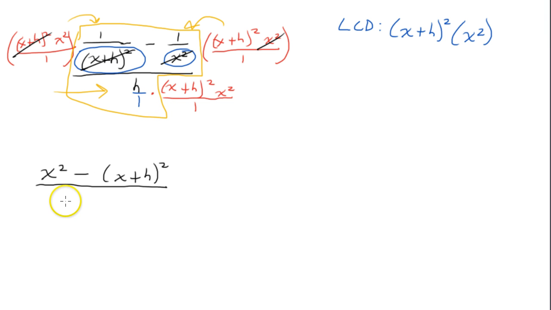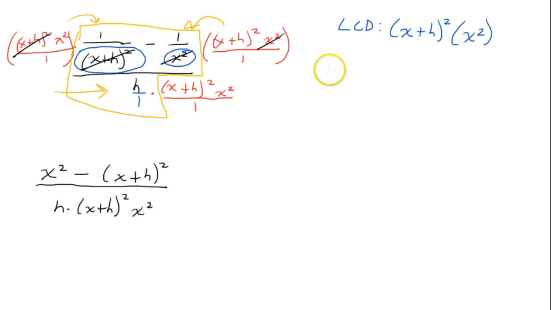And so we have h times all of this stuff. H times (x plus h) squared times x squared. And what we have here is x squared minus (x plus h) squared in the numerator.